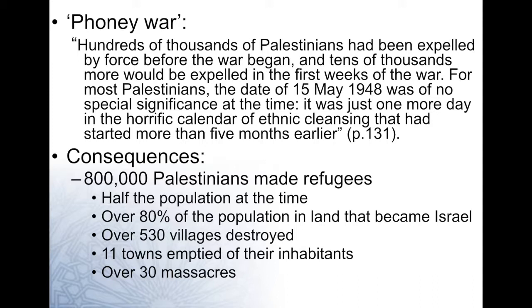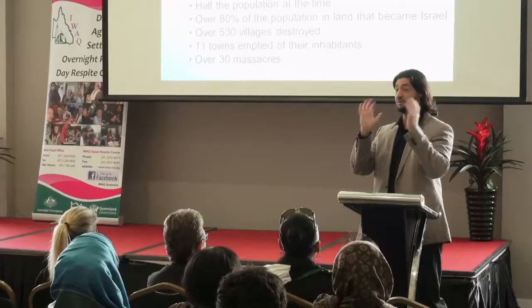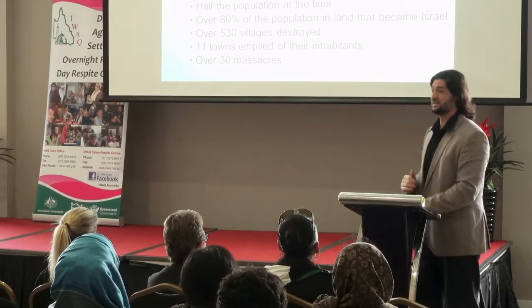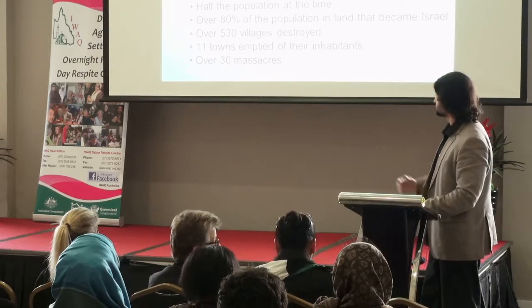Prior to this time, Arabs and Jewish people lived as neighbours. You can read stories where they would look after each other's children. They lived in the same neighbourhoods. So when we're talking about the emptying of these towns, we're talking about them going into towns where there were mixed populations and just wiping out the Palestinians in those towns.